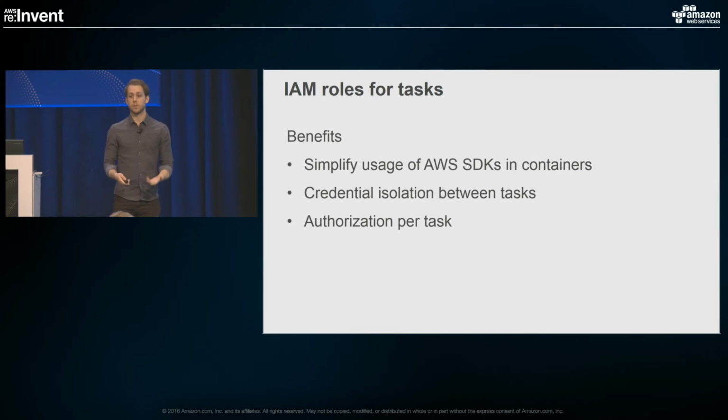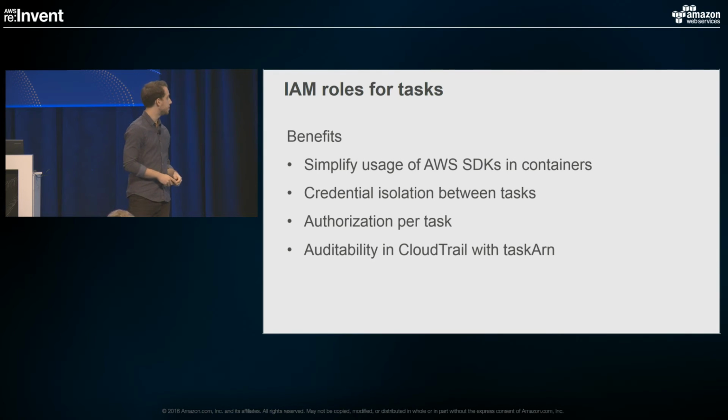And also from an authorization perspective. Traditionally, you would have to allow every running container on the instance full access to the entire role. So you couldn't specify that this container can only make these API calls, but this other container can make its specific API calls. They would actually cross-reference each other. And I mentioned the auditability already.